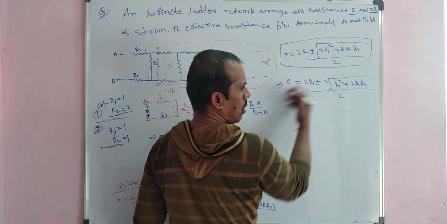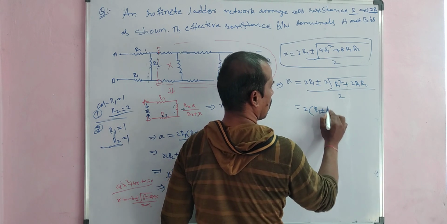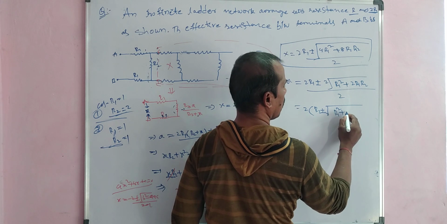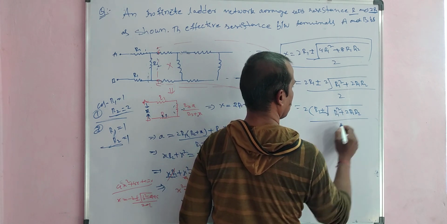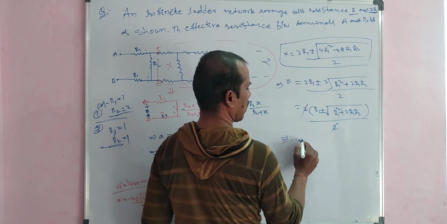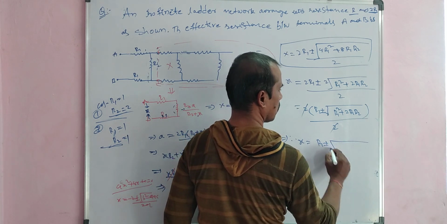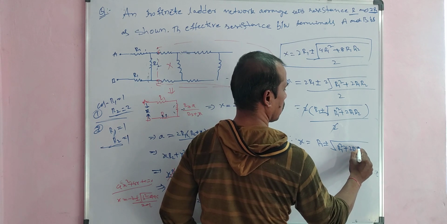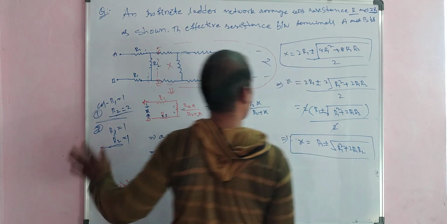The 2 is common, so it gets cancelled. Finally, x is equal to r1 plus or minus under root of r1 square plus 2r1r2. This is the formula for this network.